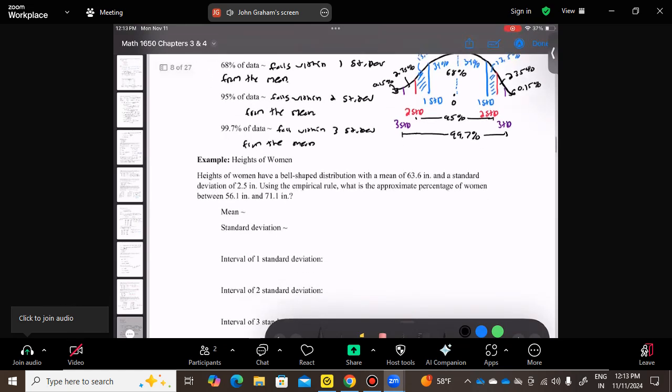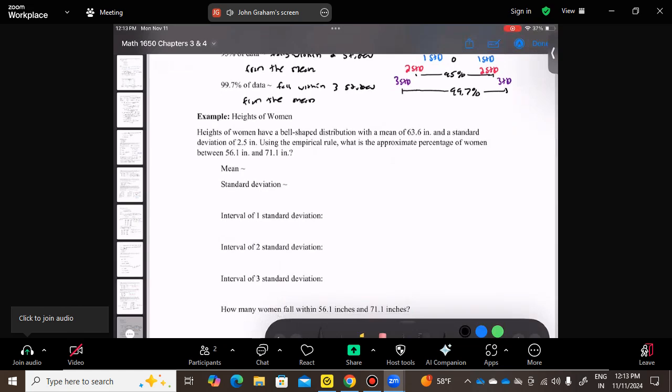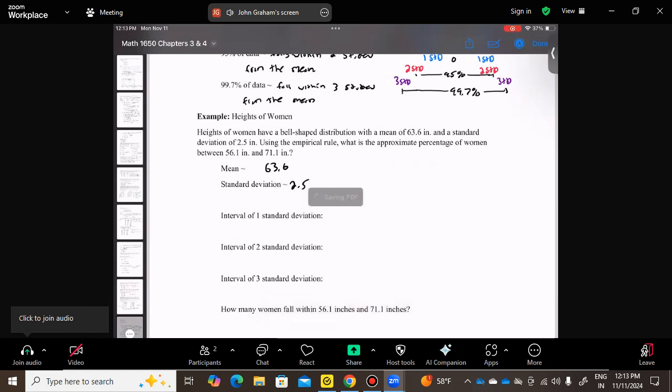Alright, so if we have heights of women with a bell-shaped distribution, a mean of 63.6, standard deviation of 2.5, using this empirical rule, what is the approximate percentage of women between 56.1 and 71.1? So mean is 63.6, standard deviation is 2.5. So we're going to do the different intervals. So we'll add and subtract 2.5 once to get the first interval.